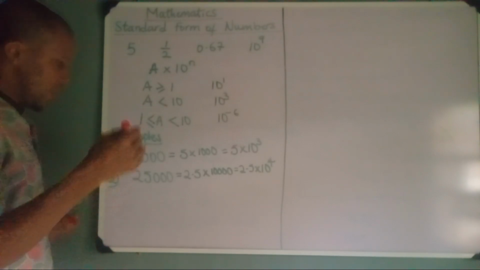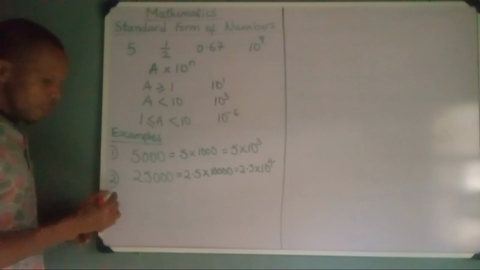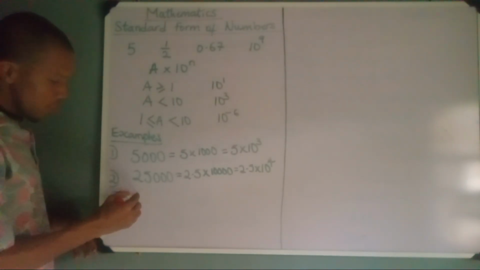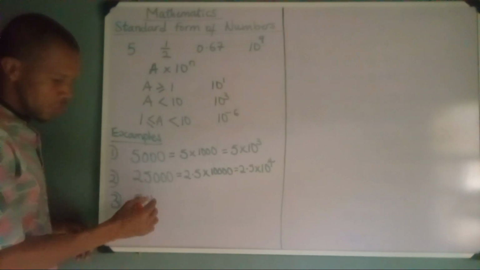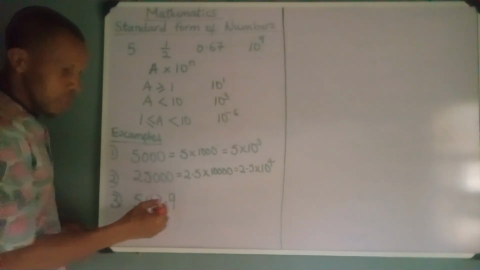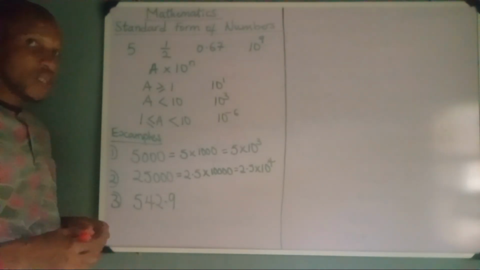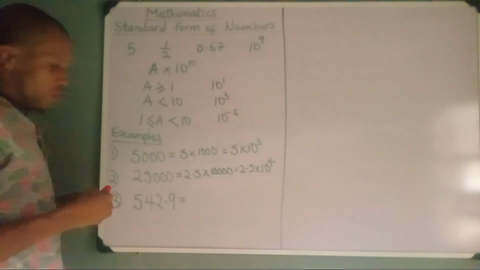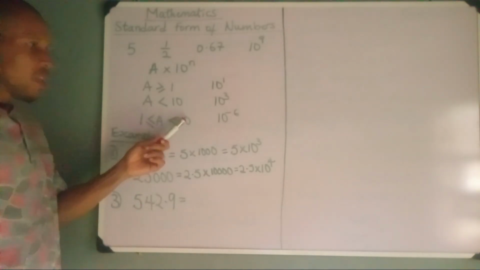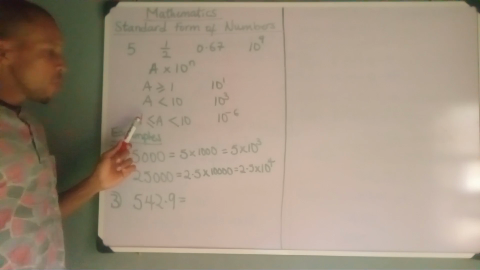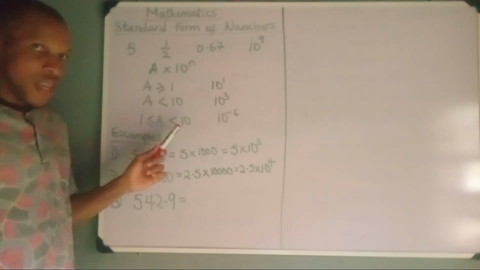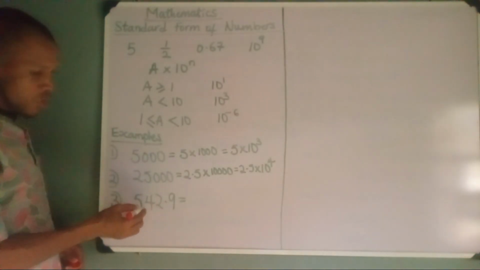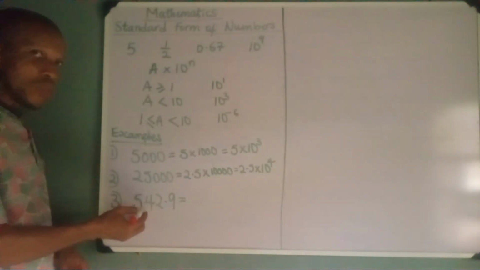Now let's take another example. What if you have a number that already has decimal in it? For instance, 542.9. How do we write a number like this in standard form? 542 is already greater than 10. But we need a number that should be greater than or equal to 1 but less than 10. So I'm going to move this decimal 2 places to make sure it is after the first unit digit.